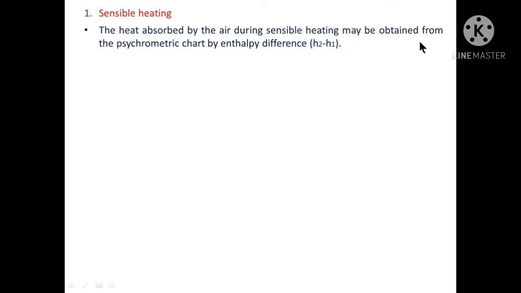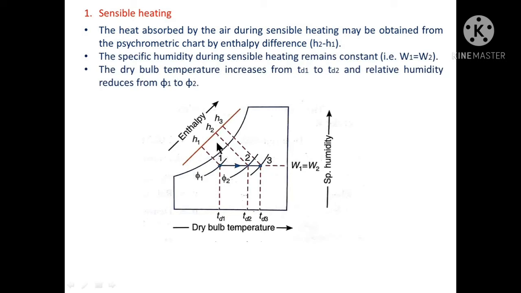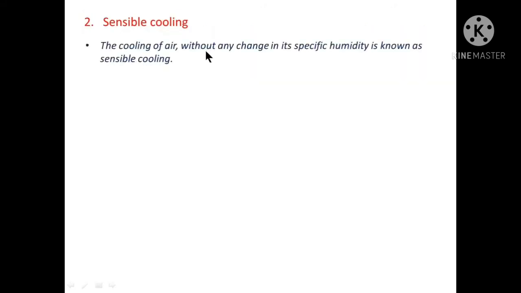The heat absorbed by the air during sensible heating may be obtained from the psychrometric chart by the enthalpy difference H2 minus H1. The dry bulb temperature increases from TD1 to TD2 and relative humidity reduces from phi1 to phi2. Specific humidity remains constant, that is W1 equals W2, and heat added Q equals H2 minus H1. From the enthalpy chart we can calculate it.